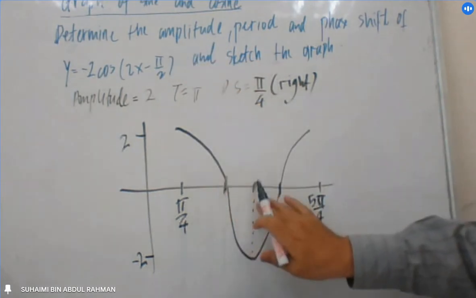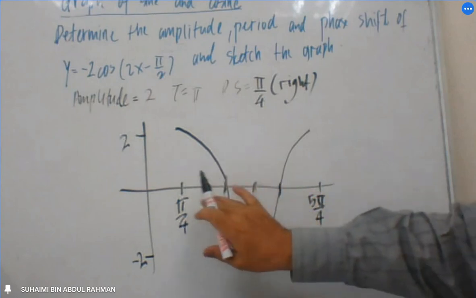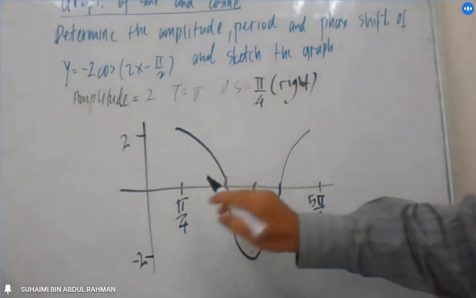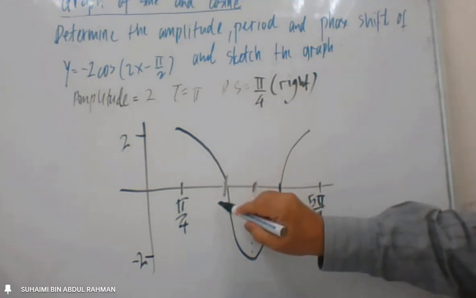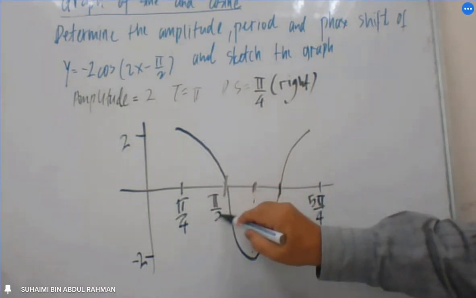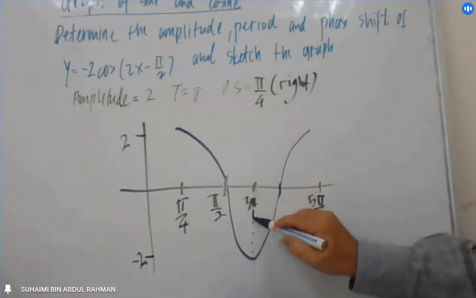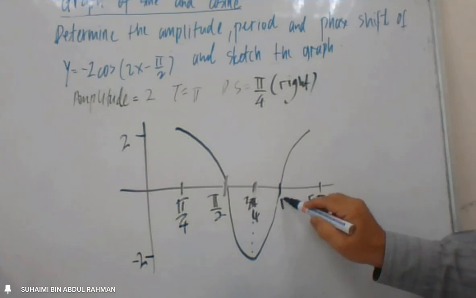So the length of each subinterval is what? We have 4 subintervals. What is the length of each subinterval? Pi over 4. So the value here will be 2 pi over 4, or pi over 2. Here, 3 pi over 4. Here, 4 pi over 4, or pi.